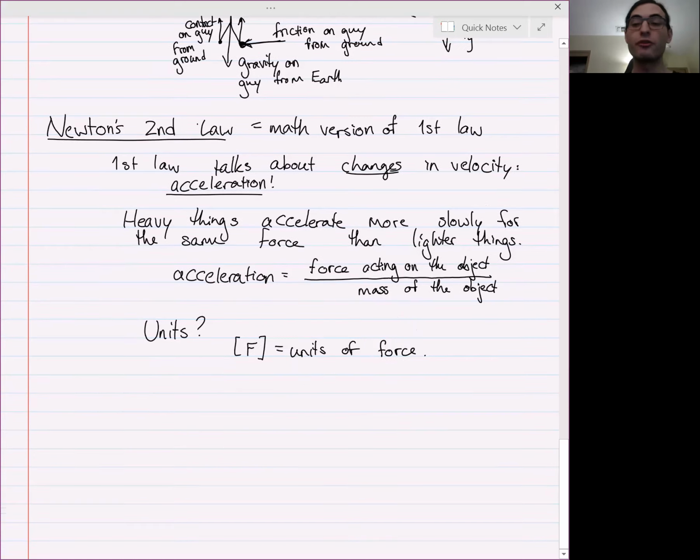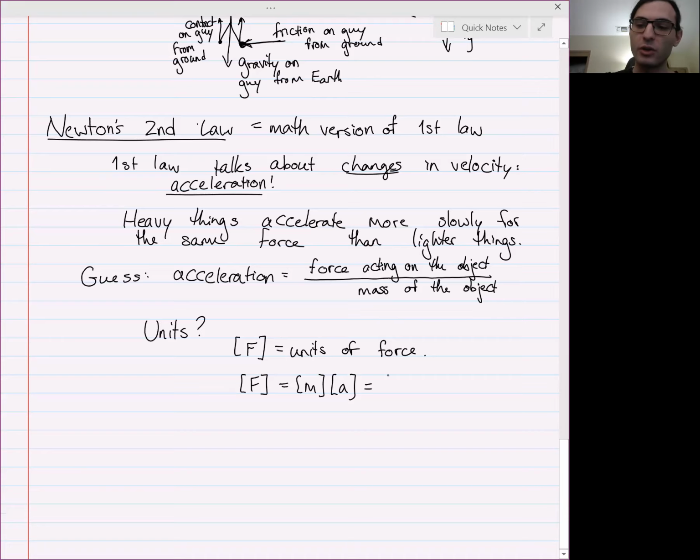Now, the formula that we have, this is the guess, would say that the units of force should be equal to the units of mass times the units of acceleration. You can multiply both sides by the mass of the object, and you would get that the force should be equal to the mass times the acceleration, which is what we're going to work with in a minute, by the way. But that's the claim, so let's talk about units.